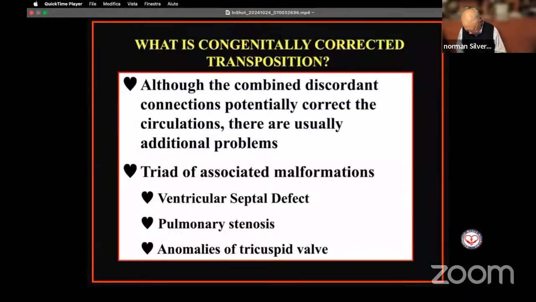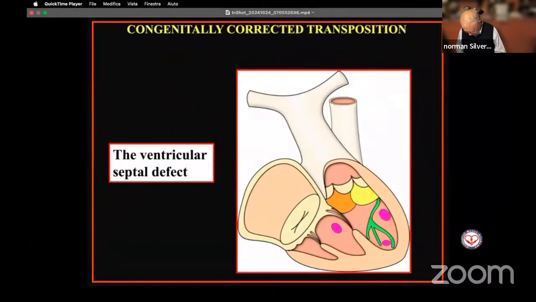So now we're going to look at those, and again I'm going to introduce the situation with some diagrams, and then Diane will show you the real thing. So let's start with ventricular septal defect. In fact, the majority of patients with congenitally corrected transposition have a deficient ventricular septum. And as you would anticipate, in the majority of cases, those defects are perimembranous.